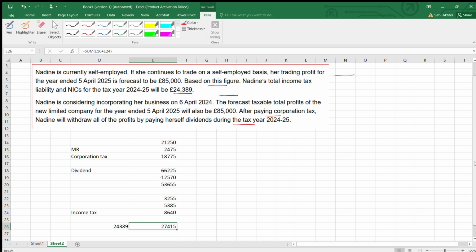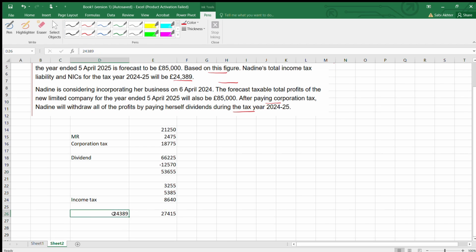So which one is more? If he works as self-employed, the cost is less. Can you see? What is the difference? 3,026. He has to incur 3,026 more cost if he's operating as a company rather than a sole trader.